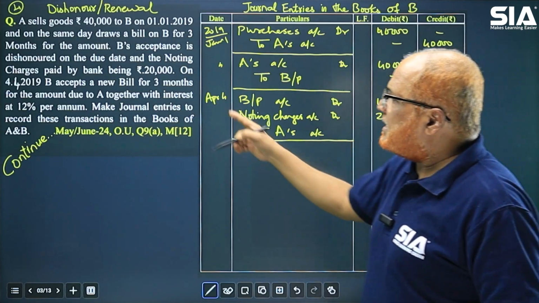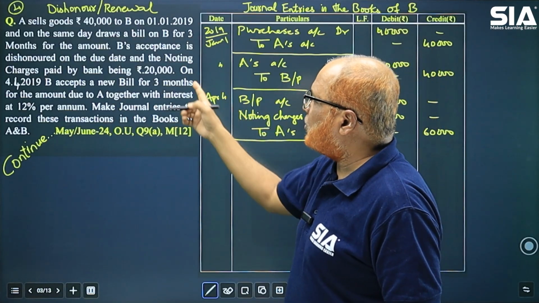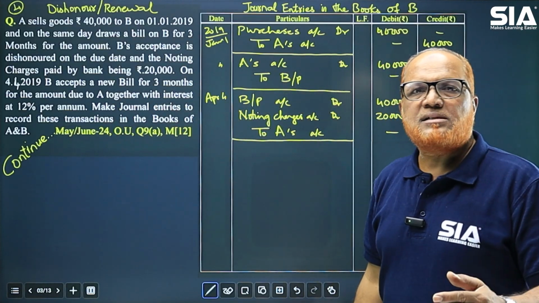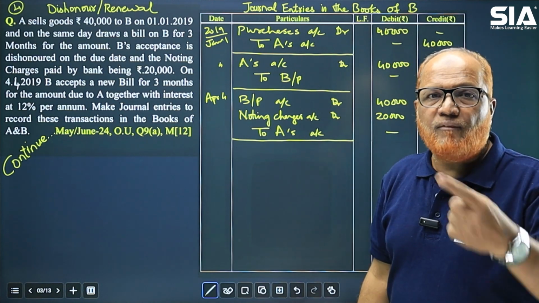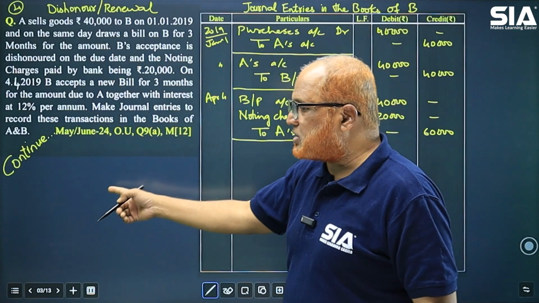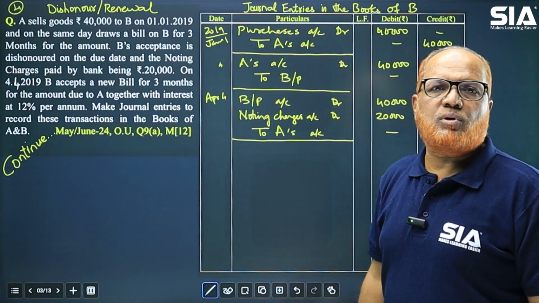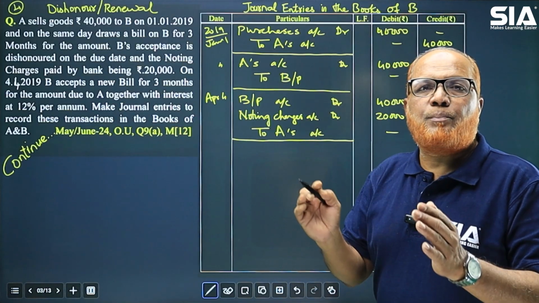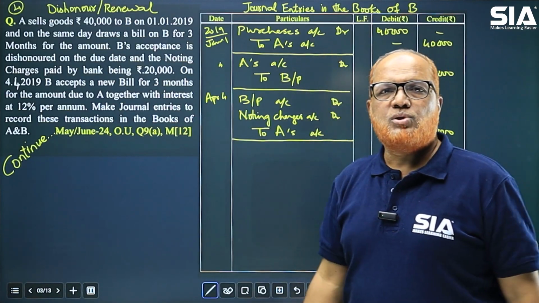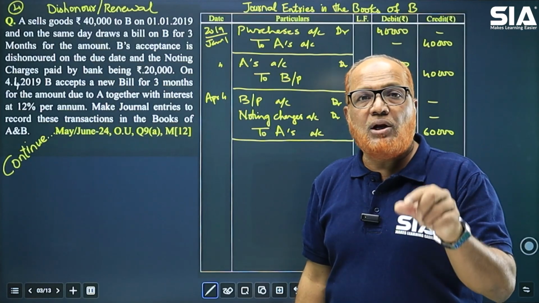Now, on the same date, that means on this 4th April, B accepts a new bill which is drawn by A along with interest of 1200. Just now I have shown you the interest amount of 1200. So that 1200 is the interest payable by B. So for B, interest is a loss.